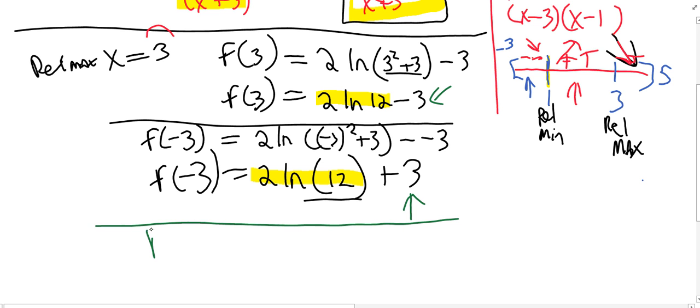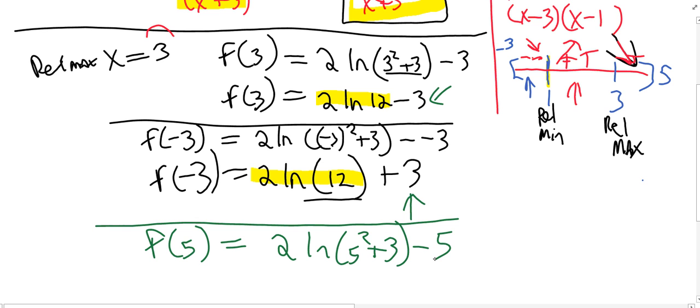Let's see if we can just double check what is the endpoint here at 5. So it's 2 natural log of 5 squared plus 3 minus 5. So this is 2 natural log of 28 minus 5.